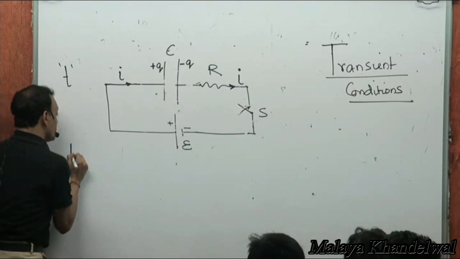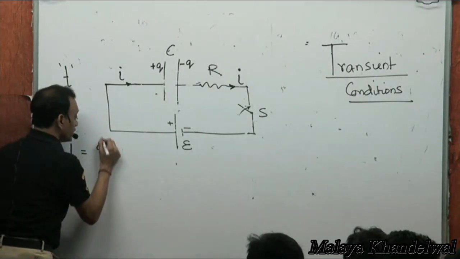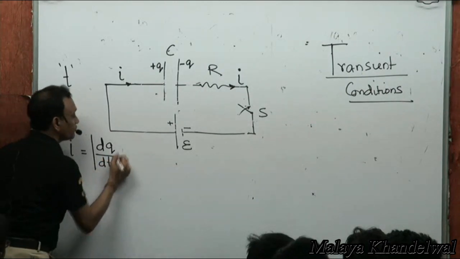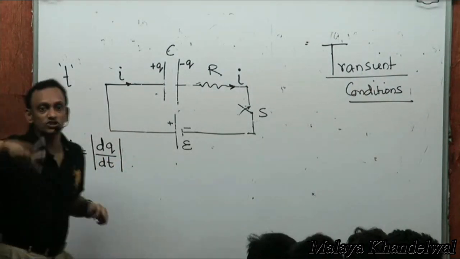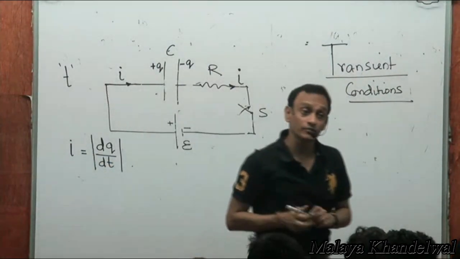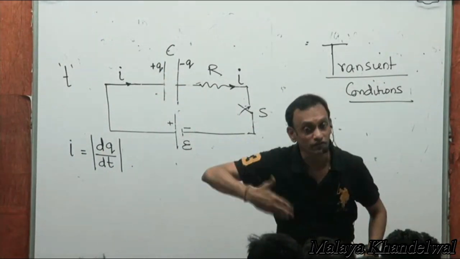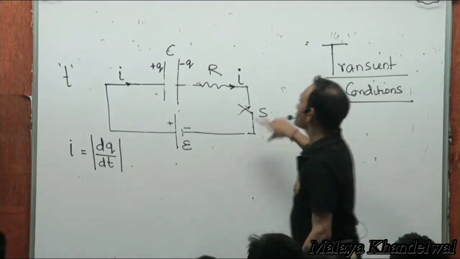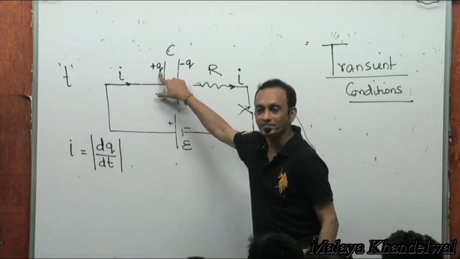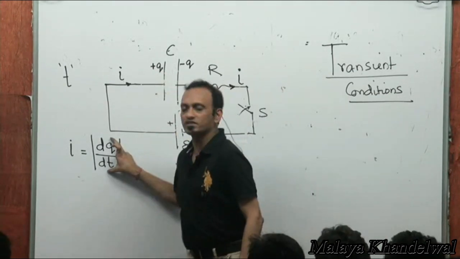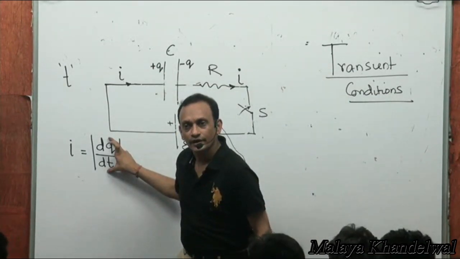I would actually be measured by dq dt in this case. In a more general sense, mod of dq dt would measure the current. The rate at which this charge changes with time will be a measure of the current flowing in the circuit. Now, in this case, you realize this q is increasing with time. So if q is increasing with time, dq dt is positive.